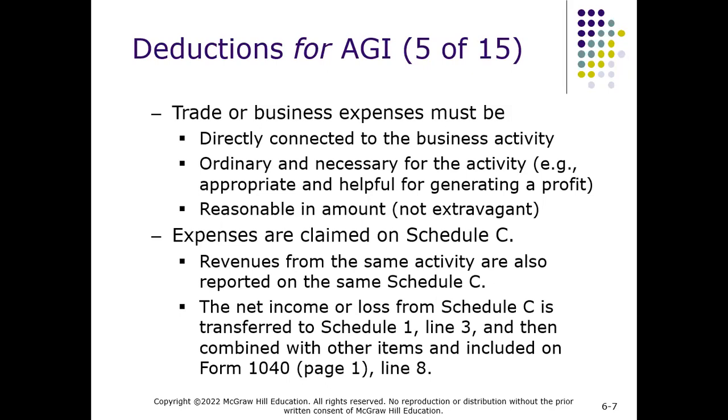So it's going to direct you to, let me see if I can get it here now. If you go to page 6-31, you will see on line 8 of the 1040 is where Schedule 1 income ends up.